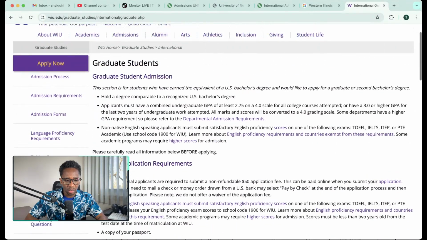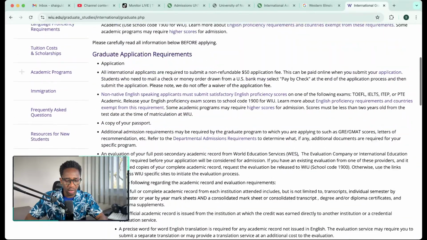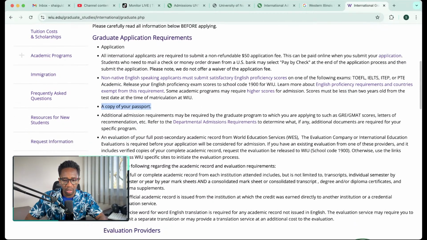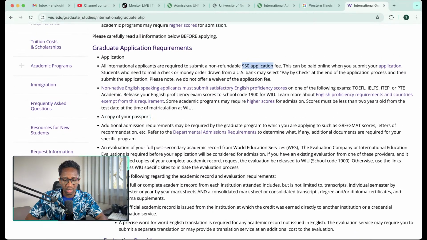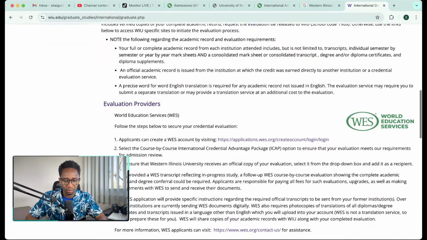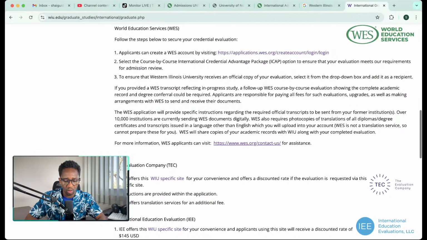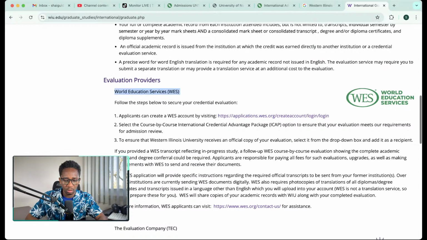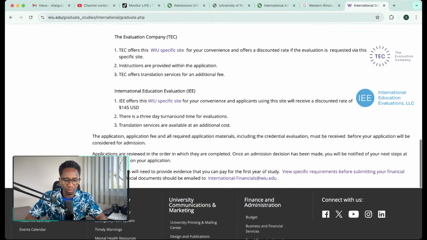So I'm thinking this is the international page. Yeah, this is the international page, because you are seeing that they require a copy of your passport, right? And for international students, the application fee is $50, and it's $30 for domestic students. So here, if you have evaluated your transcripts, you can consider Western Illinois University, right?